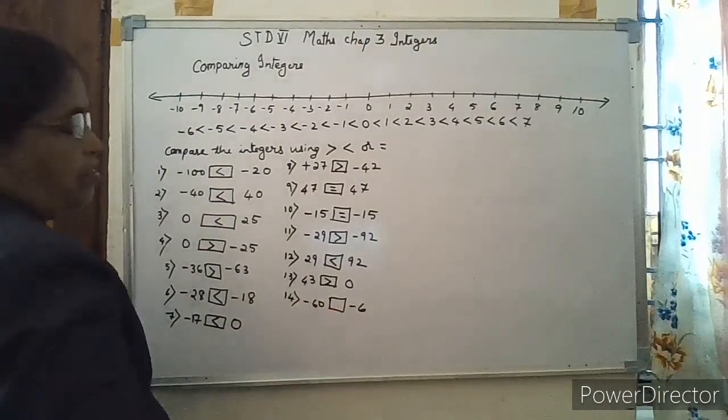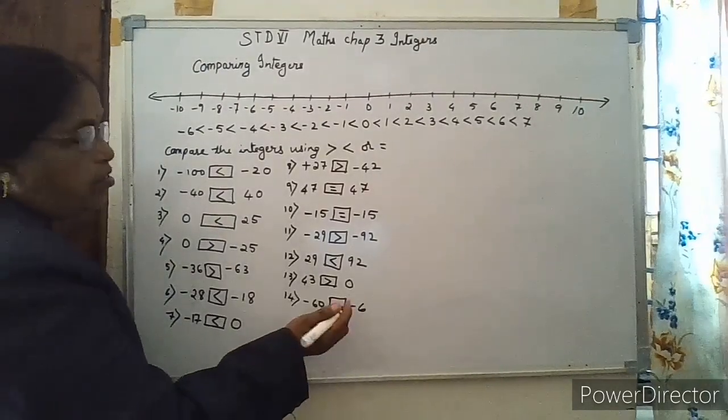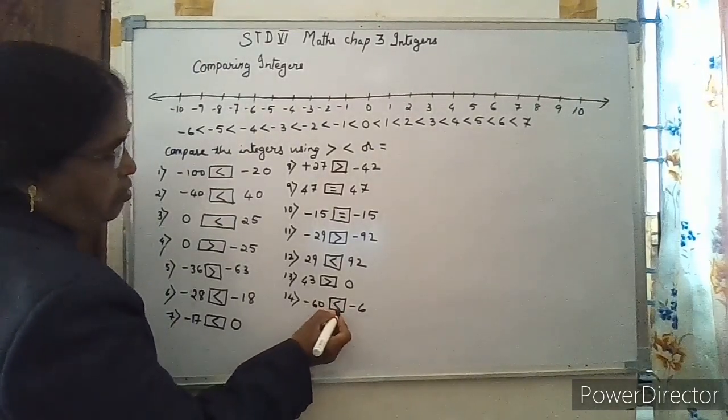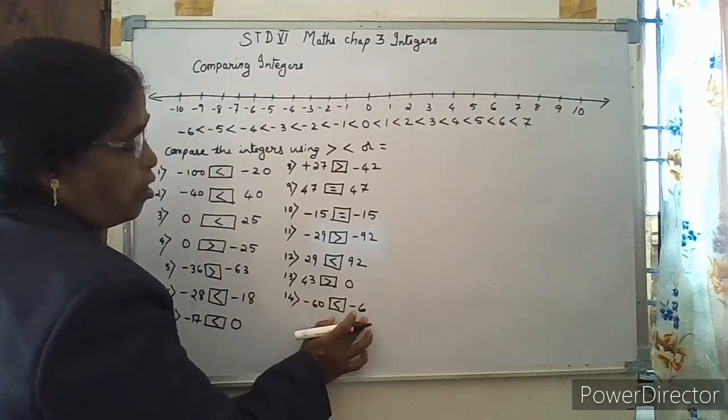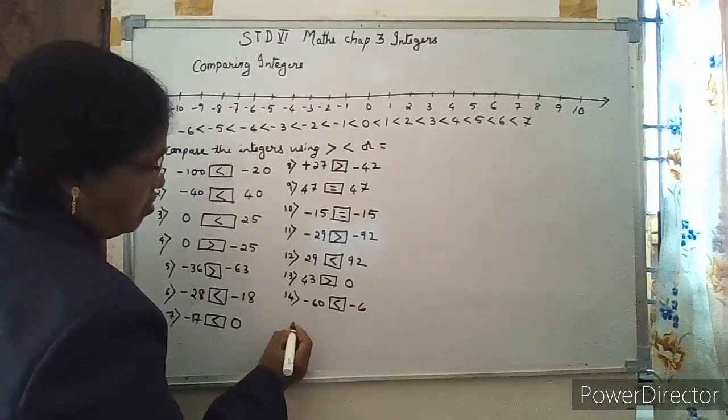Minus 60 and minus 6. Minus 6 is greater than minus 60, or minus 60 is smaller than minus 6.